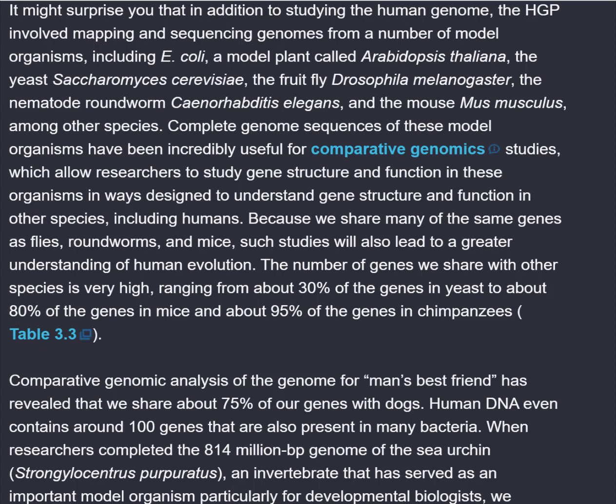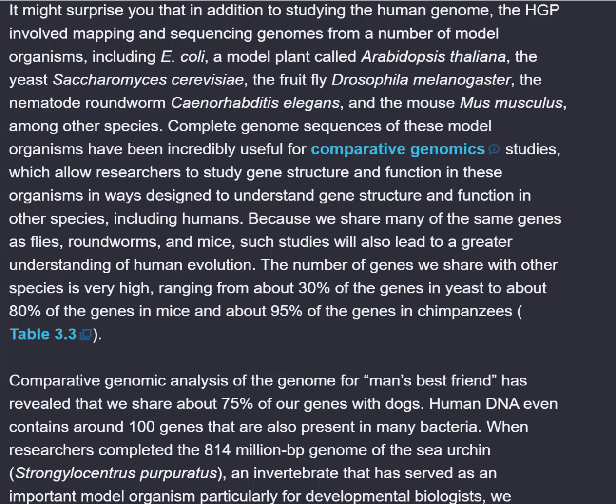Complete genome sequences of these model organisms have been incredibly useful for comparative genomic studies, which allow researchers to study gene structure and function in these organisms in ways designed to understand gene structure and function in other species, including humans. Because we share many of the same genes as flies, roundworms, and mice, such studies will also lead to a greater understanding of human evolution.